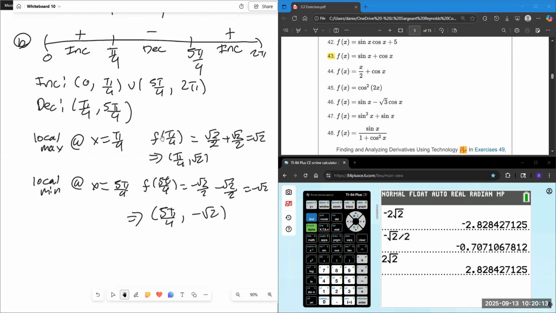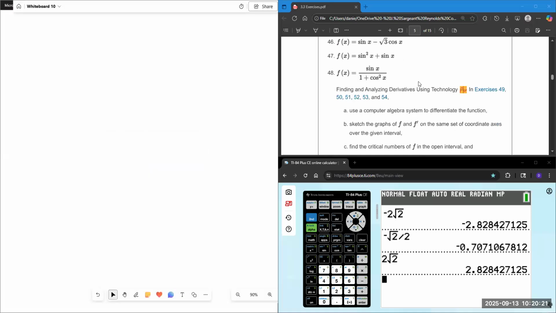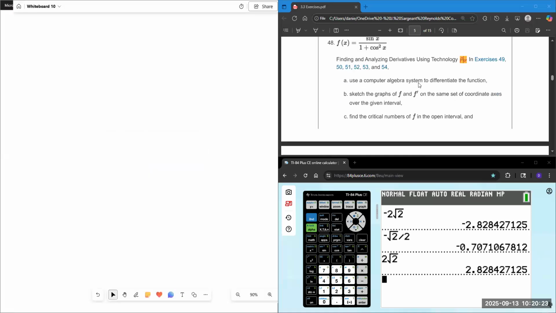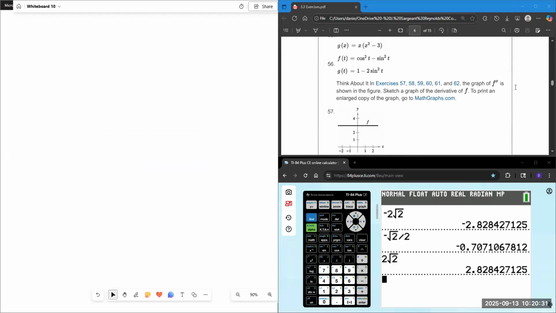All right, here's the problem with the directions that are wrong in the book. And I hope that they're right on WebAssign again. So let's come on down here. So it says that the graph of f double prime is shown in the figure. That's incorrect.